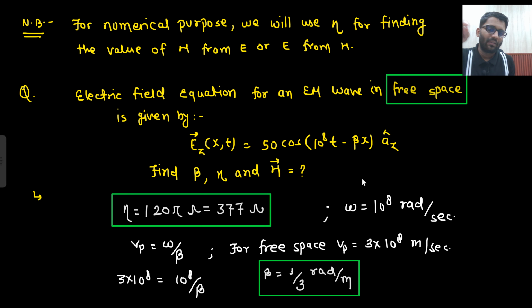What is the direction of electric field? Electric field is in z direction. The direction of electric field is z, but it is traveling in x direction. So what will be the direction of H? This is what you need to find. So what do I know? aP is equal to aE cross aH.